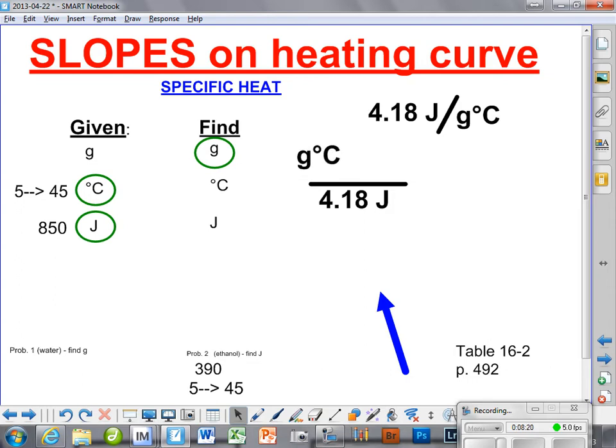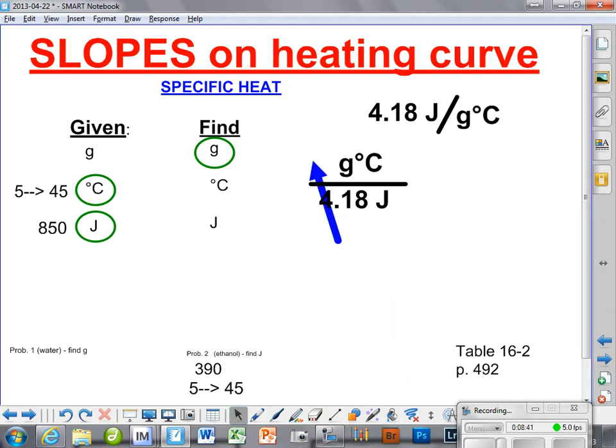Grams and joules travel together. What travels together, James? Celsius and grams travel together. What traveled with the joules? The number. Yes. Don't leave the number on top.